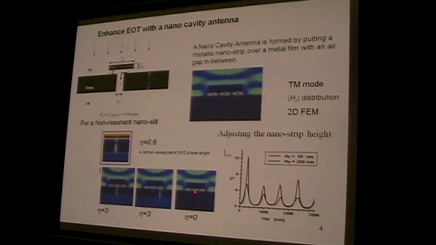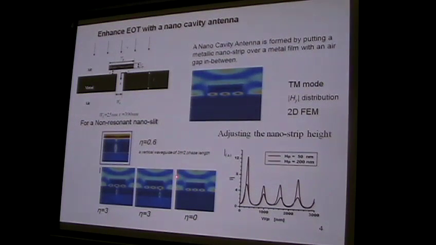Now, but if you open this slit at the dark spot in the middle between the 2 bright spots, then the efficiency will be very low, nearly 0. You cannot harvest the light with this kind of cavity. So you need to open at the right position with the maximum field intensity for the non-resonant case.